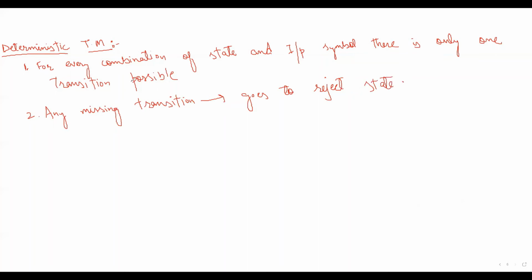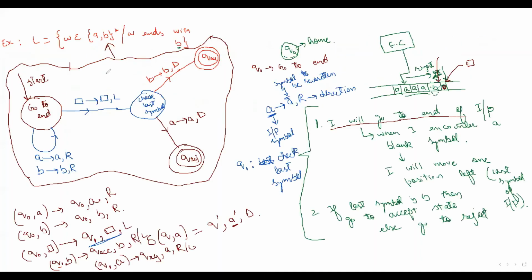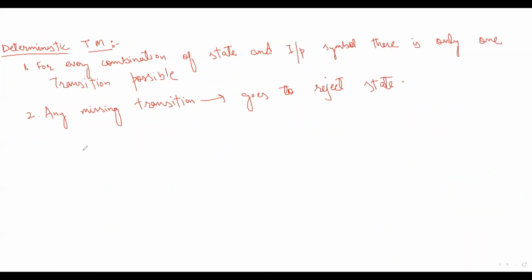That will be a deterministic Turing machine. So this particular example that we wrote here is a deterministic Turing machine, DTM. Fine.